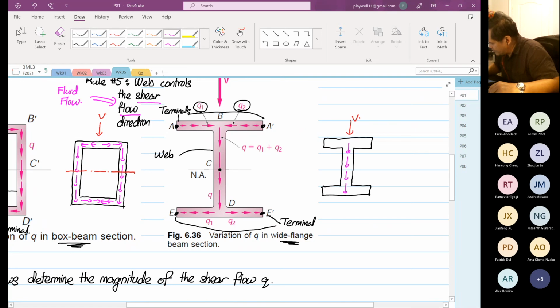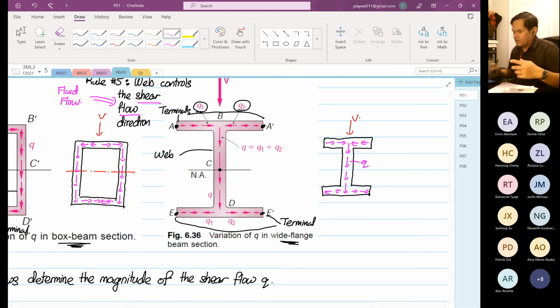So this is like the major highway. It's always that direction. So this is how you construct the shear flow.